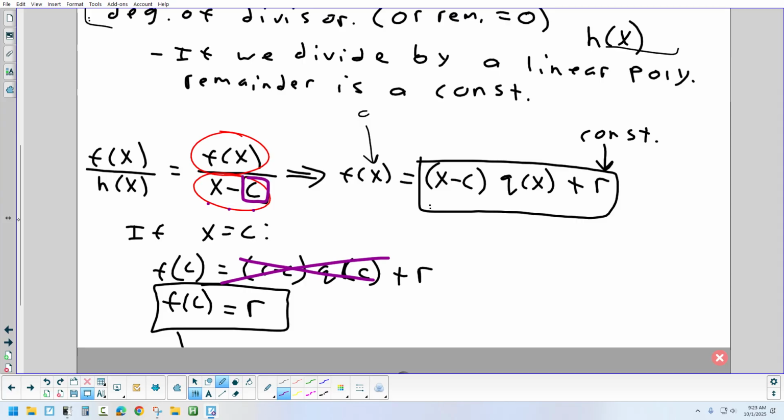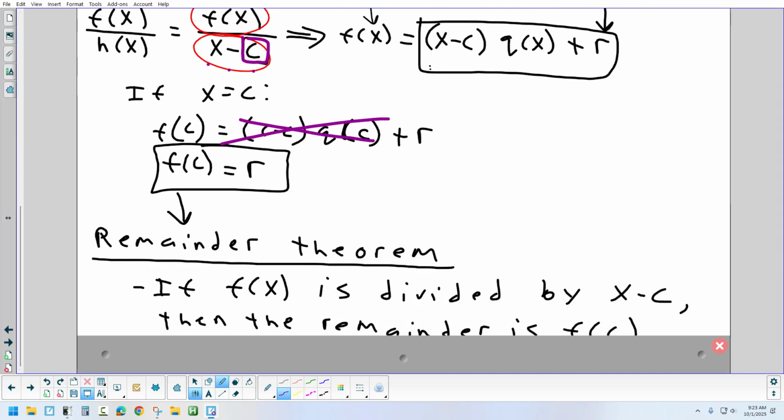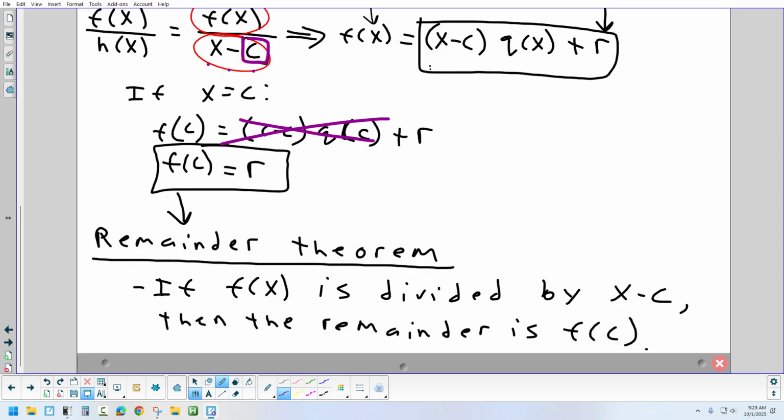Exactly. So this is called the remainder theorem. If you divide, the top can be anything. There's no restriction on that. Anything you want in the top. But as long as you divide by something that's x minus a number in the bottom, you can take that number that's after the minus sign. Don't take the minus sign with it.